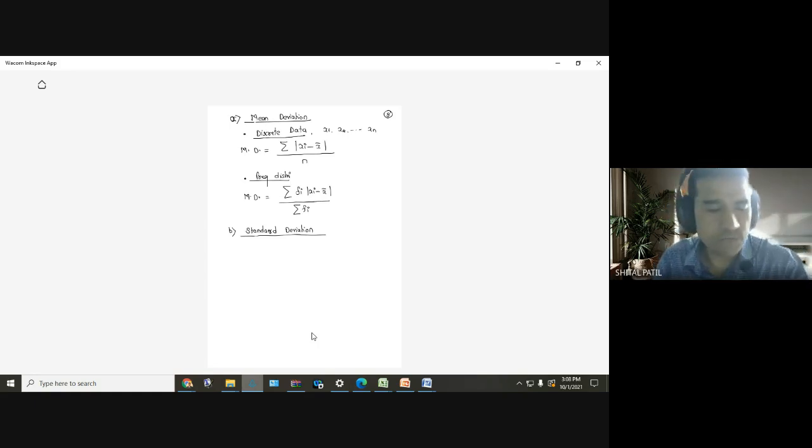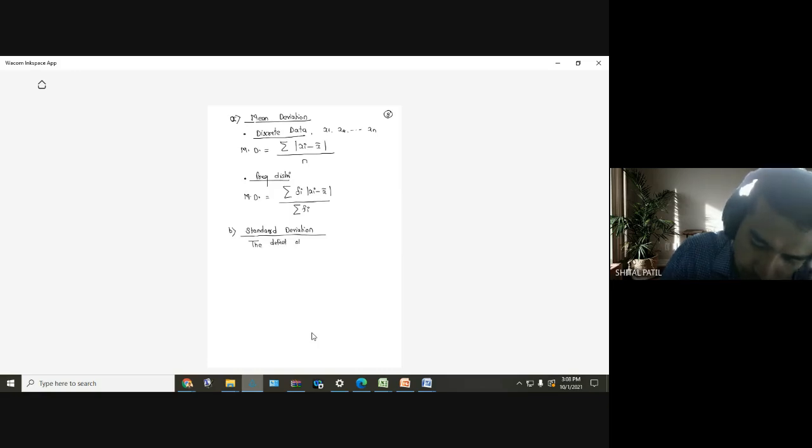The defect of considering a positive number, though it is positive or negative, due to modulus of xi minus x bar, is removed in standard deviation.